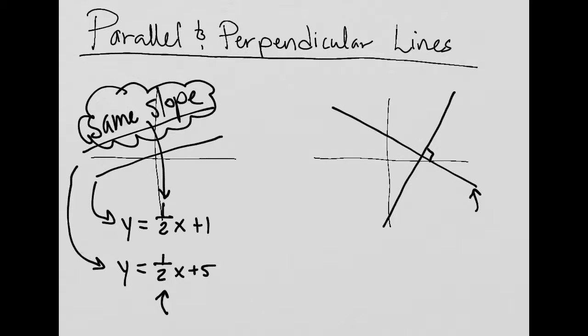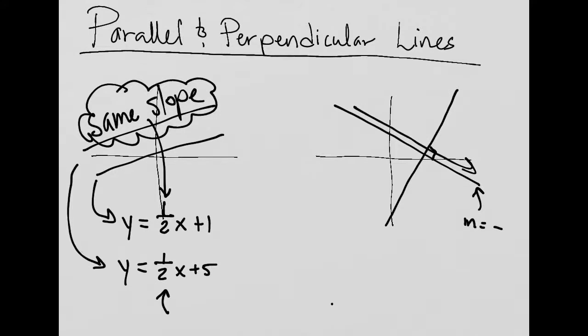So what I mean by that, let's say that the m for this one was negative, because notice it's going down from left to right, so it'd have to be negative. Let's say 1/2. Well then, this one, notice it'd be a positive slope, would be a positive 2.